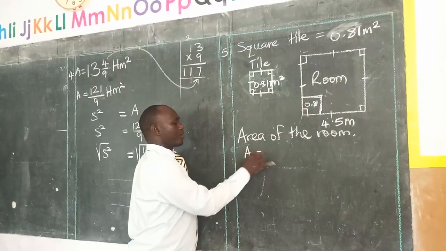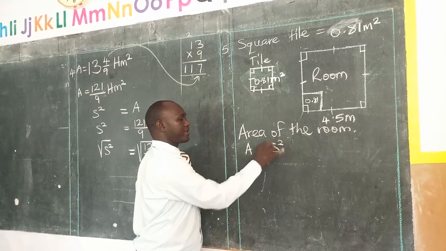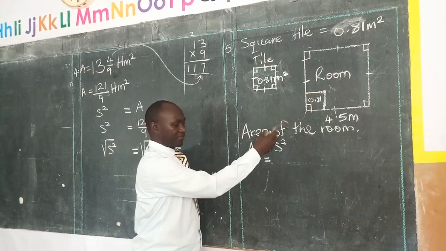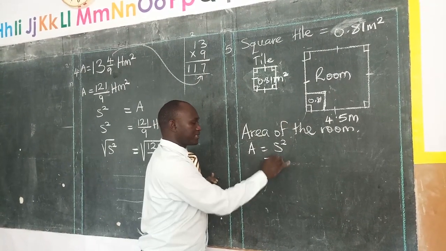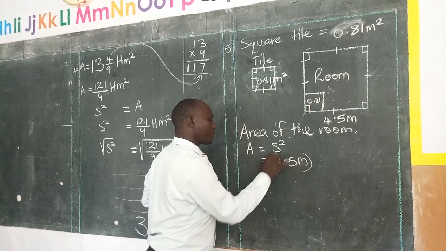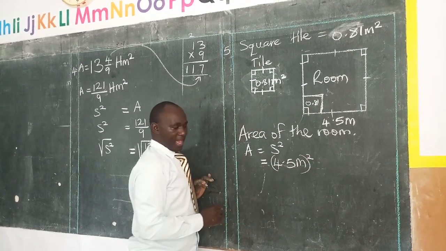So our area will still be side squared for the room, and this time we have been given the length, or the side, which is 4.5 meters. So we are going to have 4.5 meters squared.